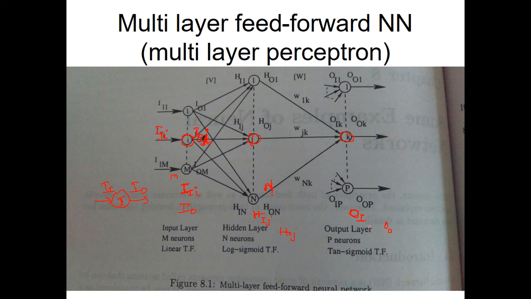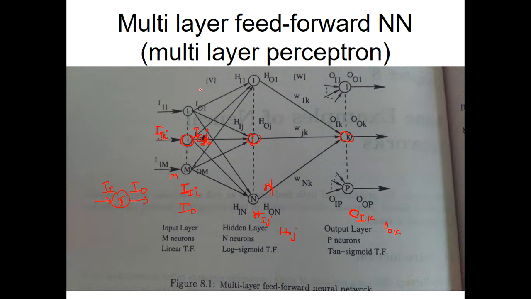So the left side will be OIK and right side will be OOK. Okay. So we shall do the computations on generic node, ith node at input layer, jth node at hidden layer, and kth node at output layer, and remaining all will be put in the loop so that all values will be updated.